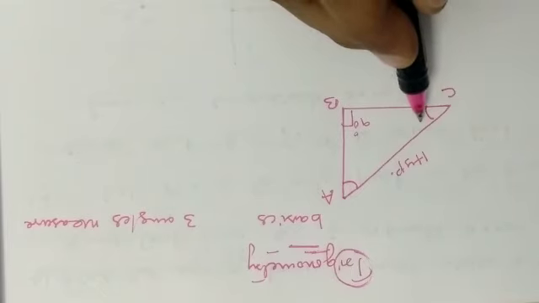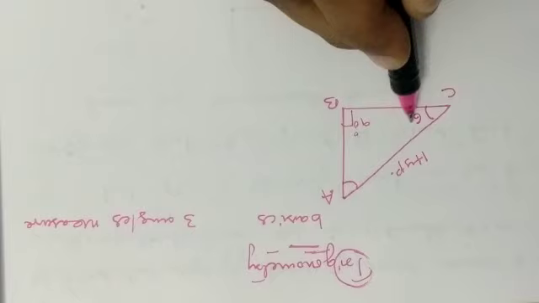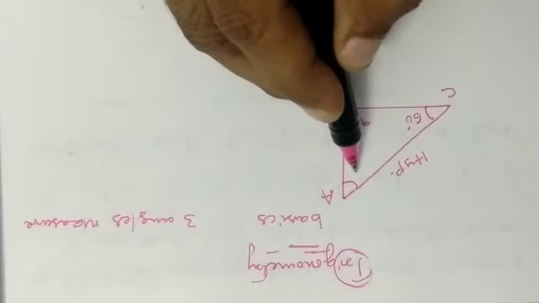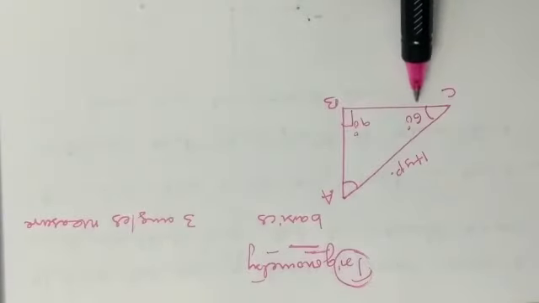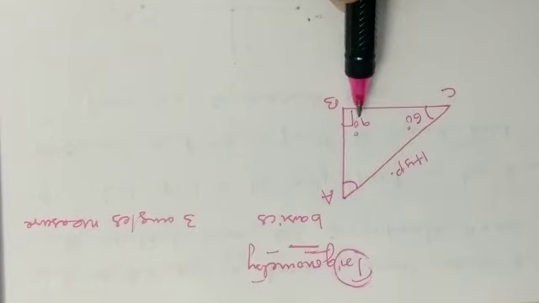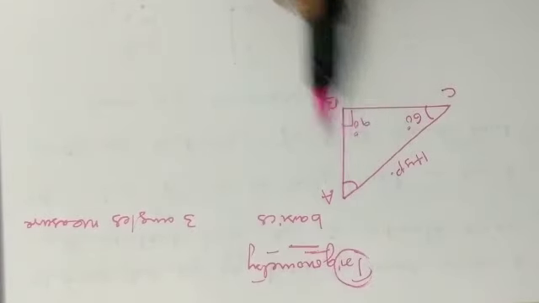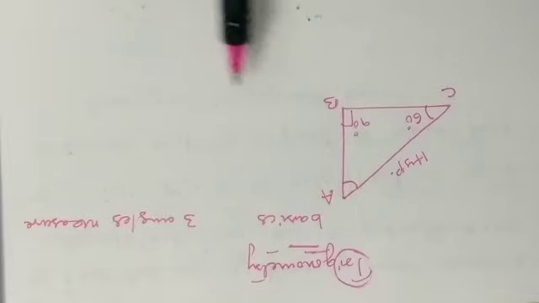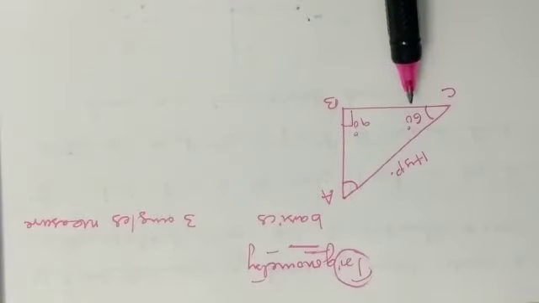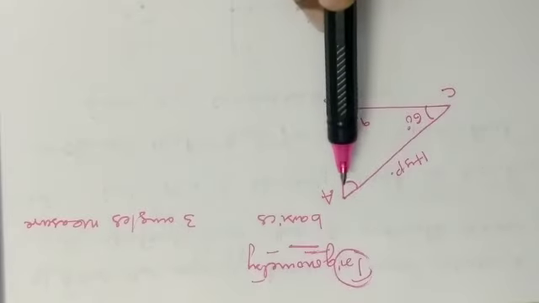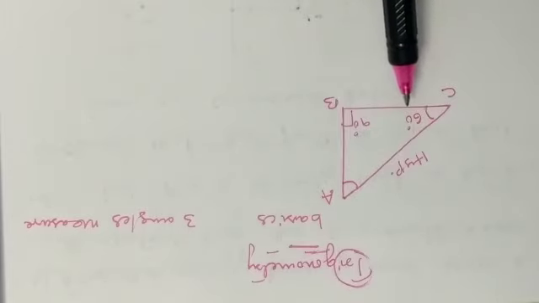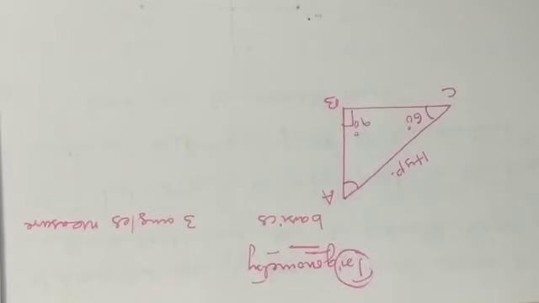Suppose this angle is 60 degrees, then it must be 30 degrees, because 60 plus 90, 150, plus 30, 180. Right. Angle A and angle C are acute angles.